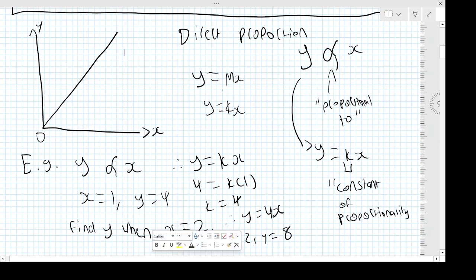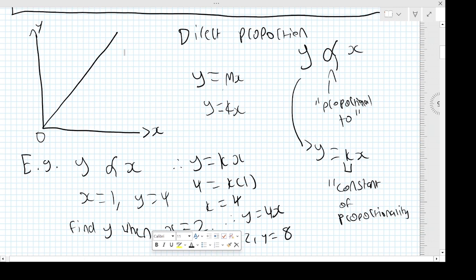And again, many situations in real life are proportional, right? So one thing is proportional to another. For example, perhaps we could say the temperature is proportional to the ice cream sales, right? The higher the temperature, the warmer it is, the more ice cream sales there would be.